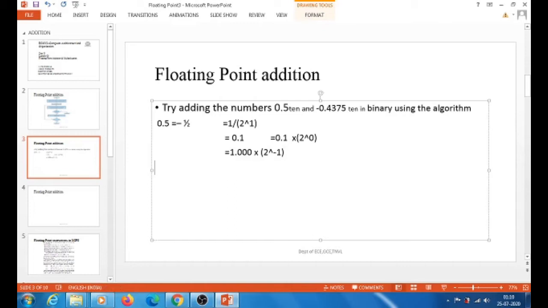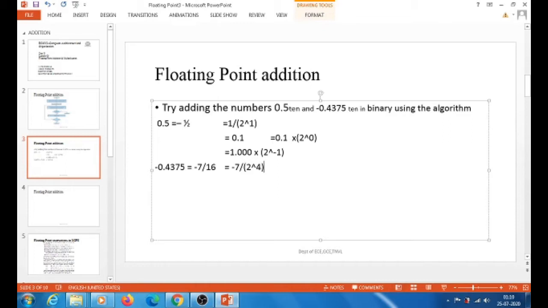So again, we need to add this minus 0.4375. So minus 0.4375 to the base 10 can be represented in fraction as minus 7 divided by 16 to the base 10. So this in turn, in terms of 2 power 4, the denominator should be written as 2 power 4. So minus 7 divided by 2 power 4.